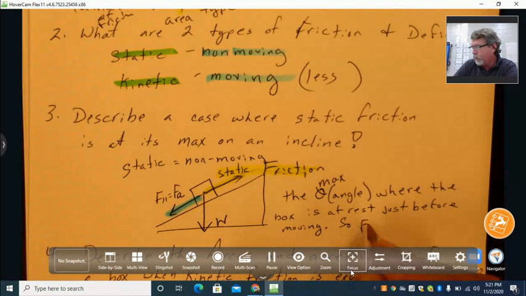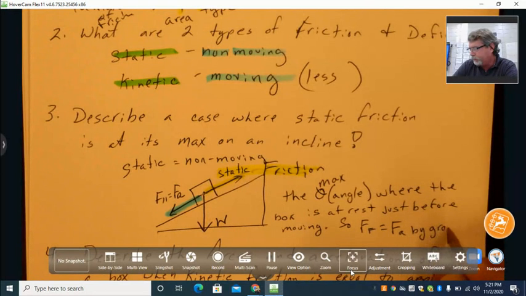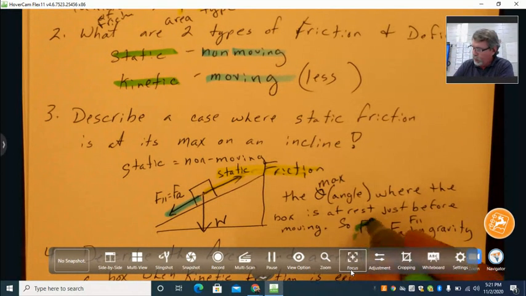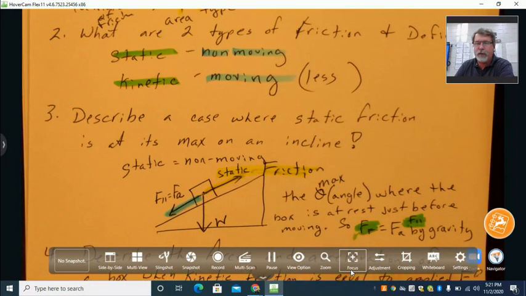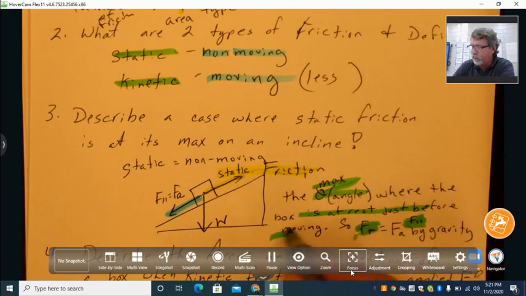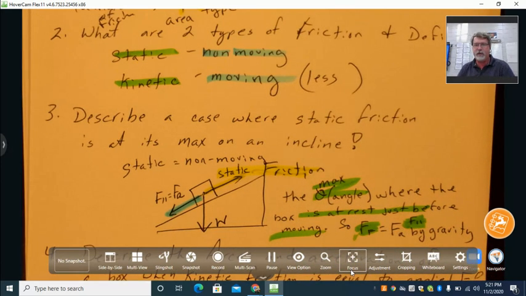So force of friction equals the force applied by gravity, which we know is force parallel. Okay? So when the force of friction is equal to force parallel, that's the maximum angle just before that box starts to move. Okay?